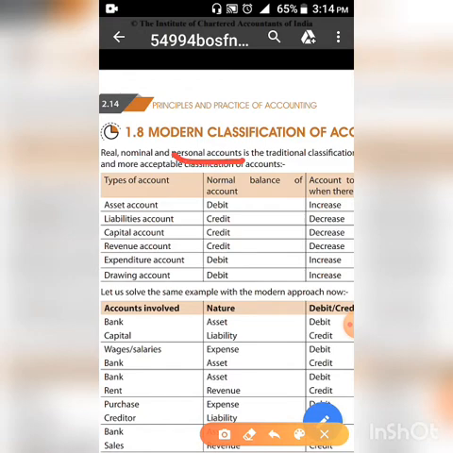Note it down again. Debit the receiver, credit the giver. Well, let us take an example to understand this golden rule.